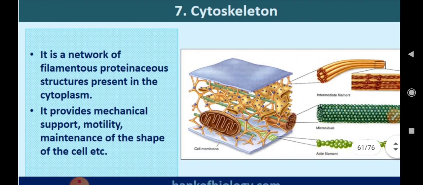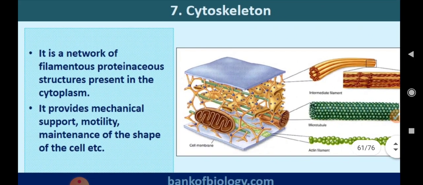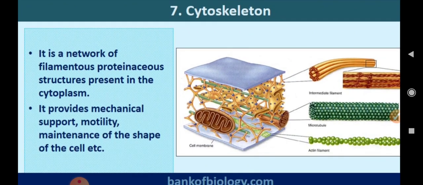Now moving on to the cytoskeleton. These are small long filament-like structures which are made up of proteins, and they are all spread in a web-like structure in the cytoplasm. This is known as the cytoskeleton.